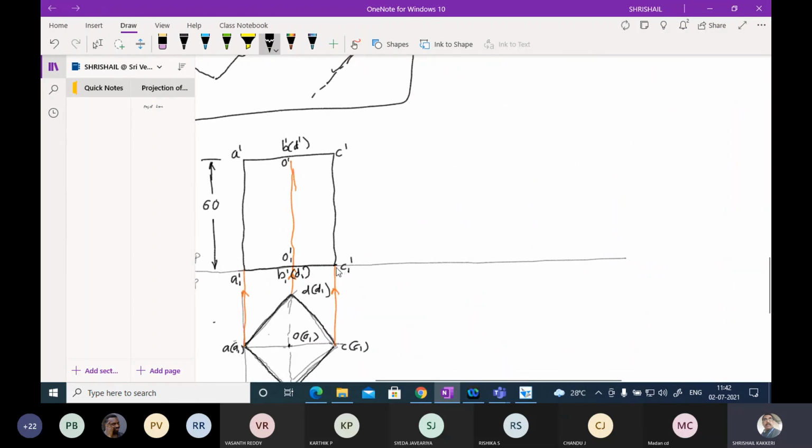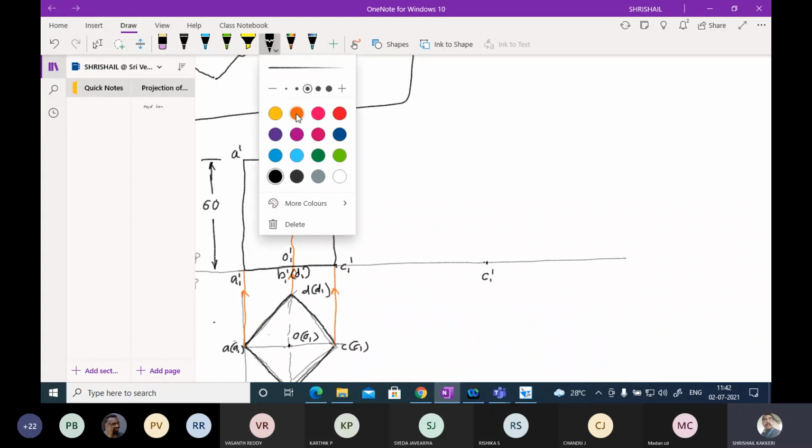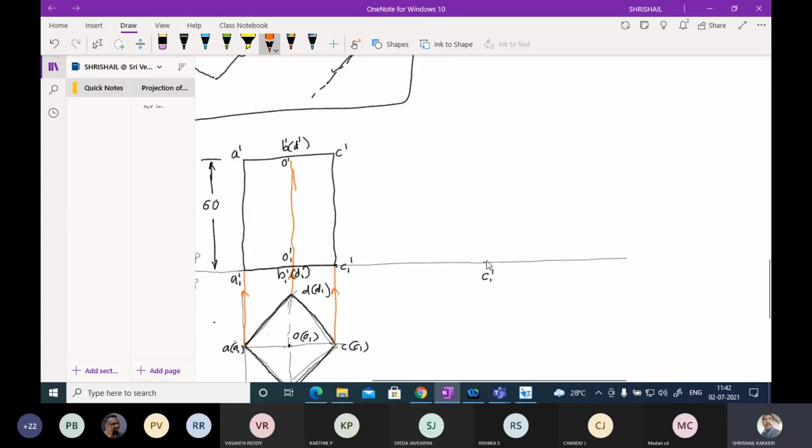What I'm doing is, take this point C here, carefully please look. C1 dash I am taking here and measure this length. Now already I know this angle is 50 degree. I measured it already.